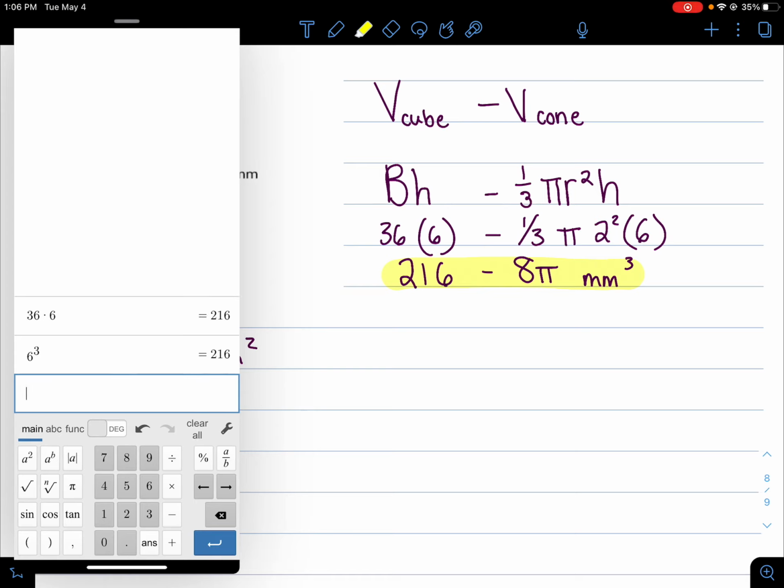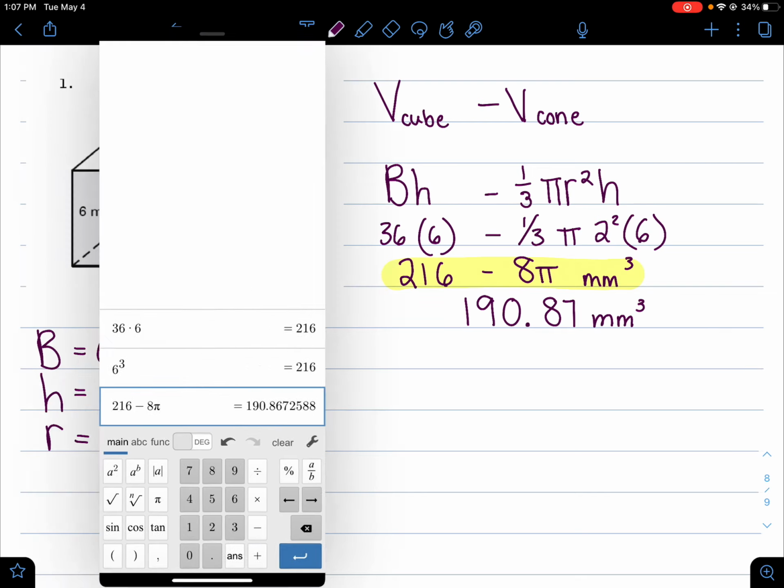But I am going to go ahead and get a decimal. 216 minus 8 pi. And what do you get for your answer? .87 cubic millimeters.